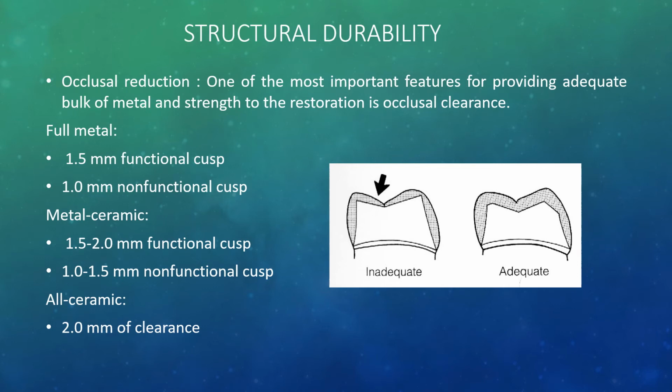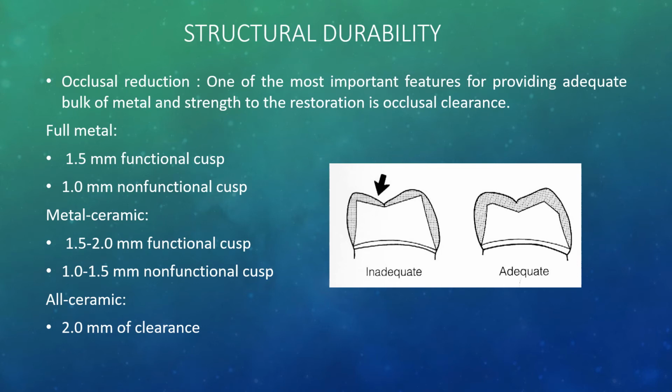So once you have done your preparation and you want to check if there is adequate clearance or not, what you can do is place your burr between the two occlusal surfaces and check for adequate clearance. And if you're able to pass through your probe or your burr between the two interfaces without having a catch, that means to say that there is adequate clearance.